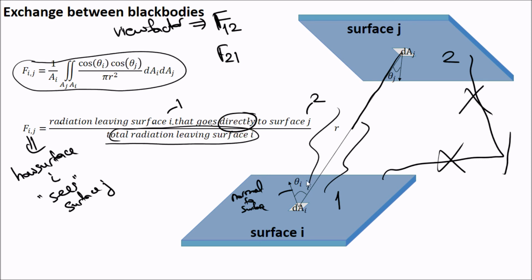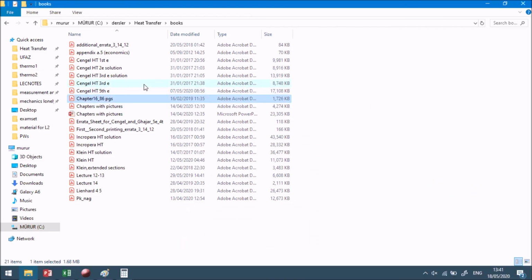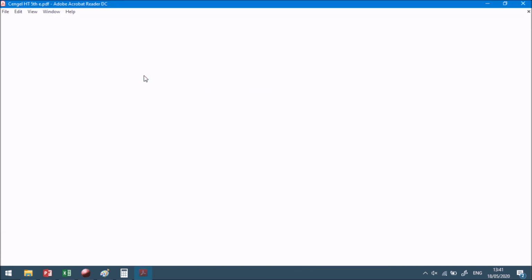Theta j is also the angle between the normal and this distance, the distance between those two surfaces. To integrate this quantity is very difficult, so what we are doing is using the charts and tables that give the view factor.